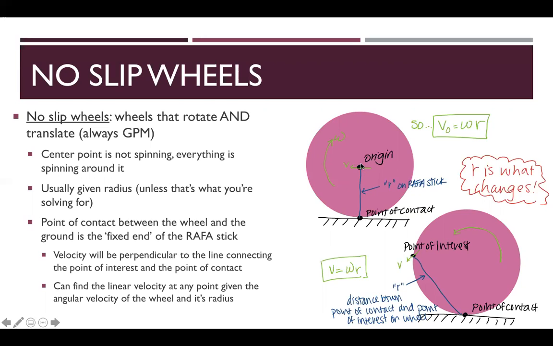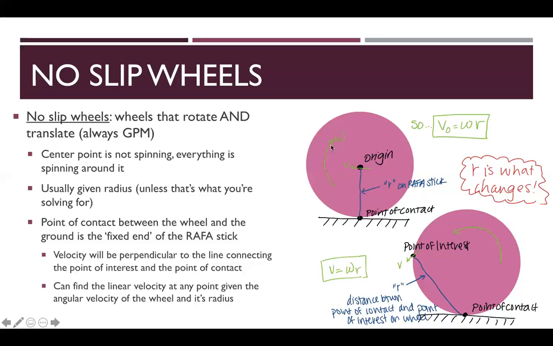Anytime this no slip wheel is attached to another member, say there's a stick coming out of here pinned at the origin, your rafa stick is from the point of contact to the origin. But if you're specifically looking for a point on this edge, you draw the rafa stick from the point of contact to the point you care about.